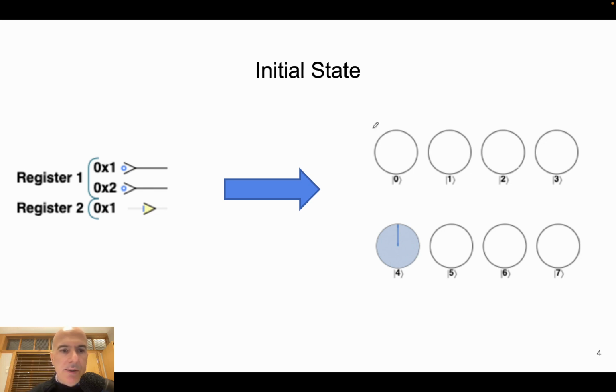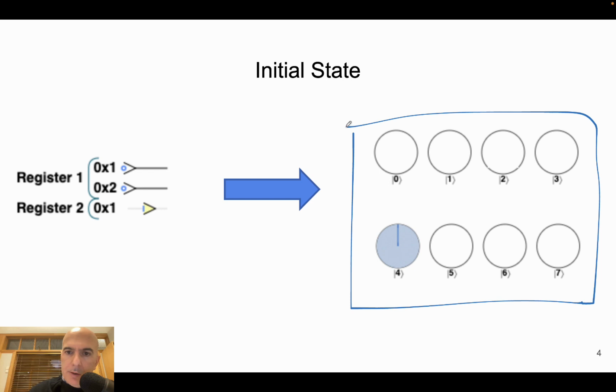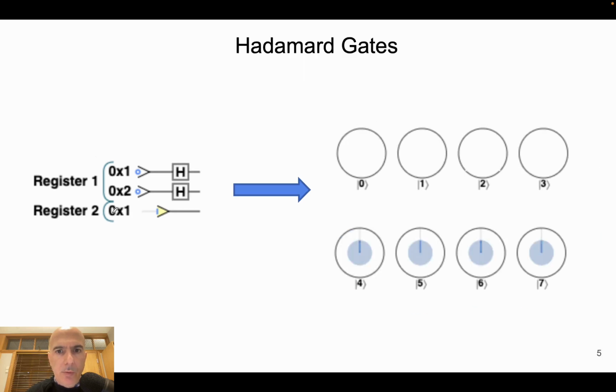The first part is just the initialization of our quantum system. We can visualize it as a 3-qubit system as the following. All right, so we're going to have a register 2 that can have only 0 and 1 values, and then register 1 has 4 values. This is the combined view of register 1 and register 2 using 3 qubits.